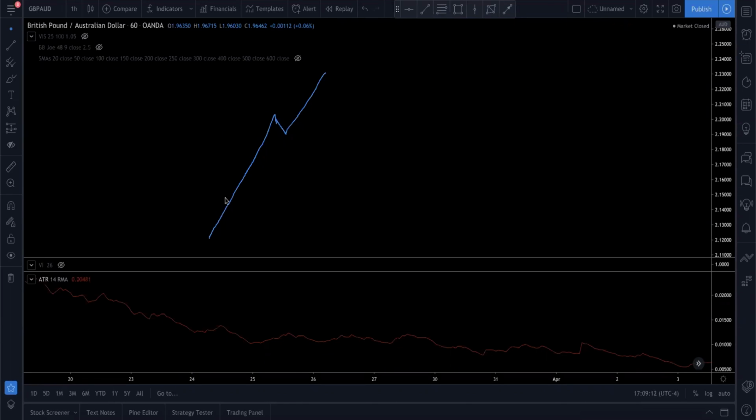You have these big blue candles and then the smaller red candles in the pullback, but eventually this is going to pull back and you're going to end up getting red movement that's bigger than blue movement. And so when you have that number of 100 or whatever it may be, that is showing you the average range, but it's completely blue and not red. Now you've got red movement that is going to essentially do the opposite, and it might not be exactly the same.